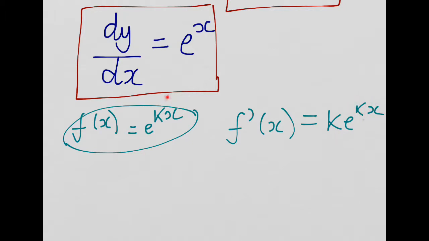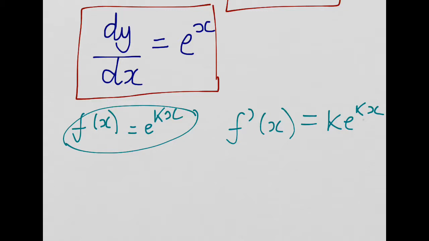If I differentiate kx, my differential would be k, and that's what I multiply by. So it becomes k e to the kx. So this part doesn't change. All that's changed is I've multiplied by the differential of the exponent.